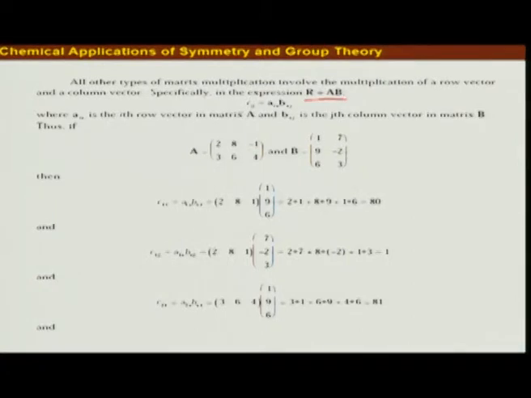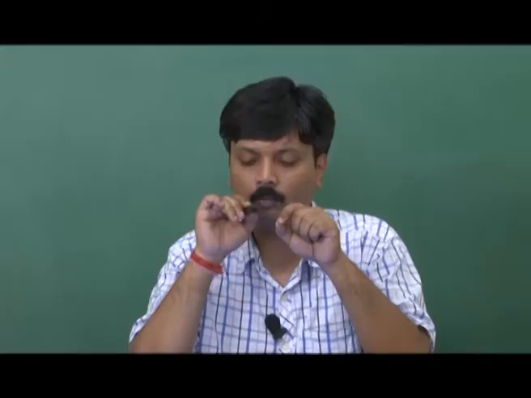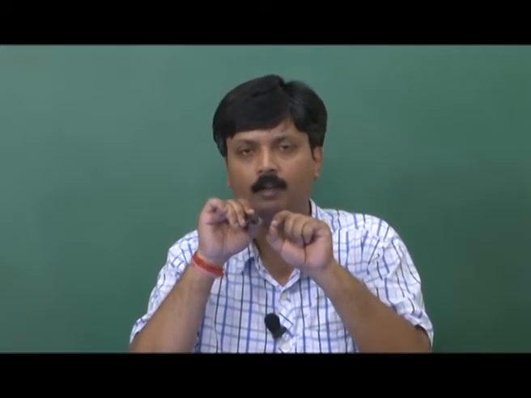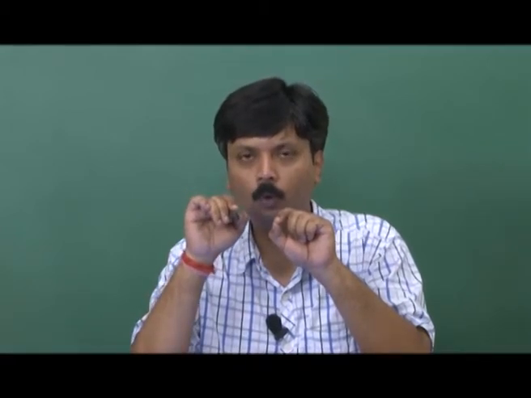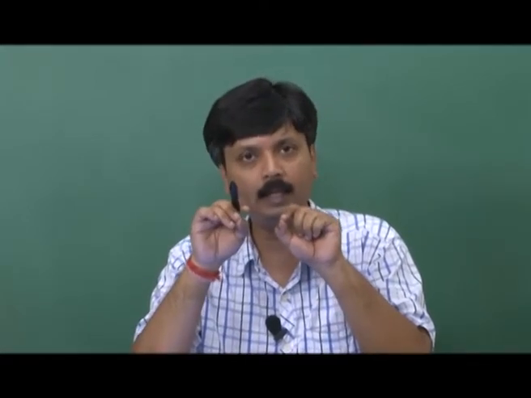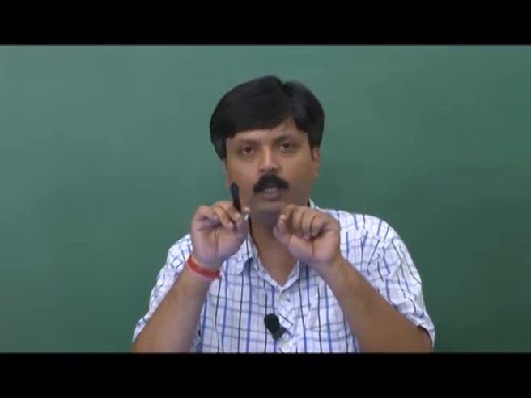Here you can see that r_ij equals a_i• times b_•j, where a_i• is the ith row vector in matrix A, and b_•j is the jth column vector in matrix B. Now you see that the number corresponding to the column for matrix A is given as a dot, and the same dot is given for the number of rows for the element corresponding to matrix B. These two dots are the same, meaning their numbers are the same, and only then can you do the multiplication.